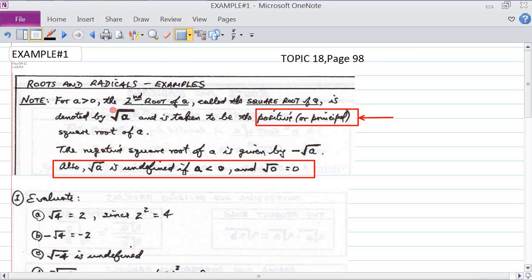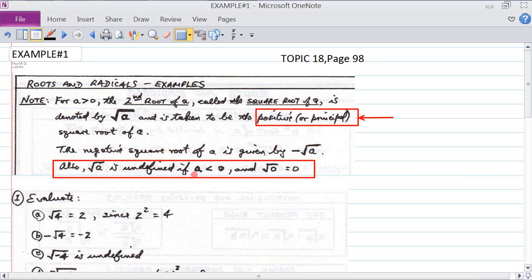This implies a little number 2 up here, but we usually don't write it in, and it is taken to be the positive square root of a. Positive is also called the principal root. The negative square root of a is given by minus root a.